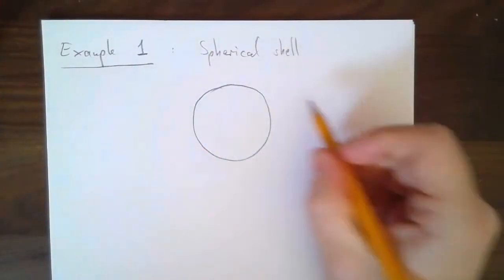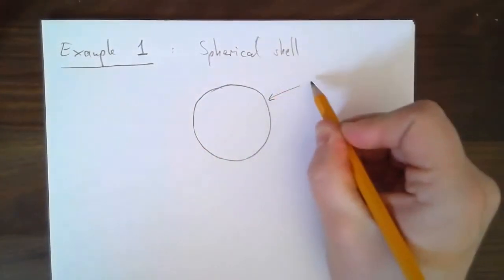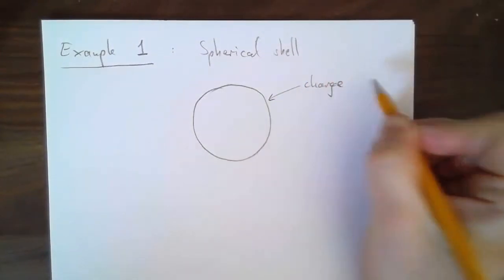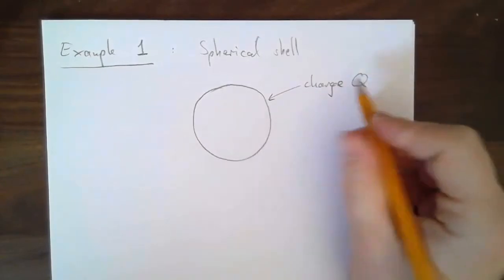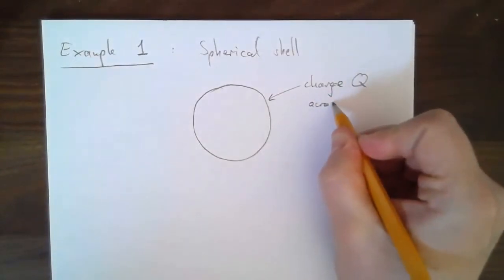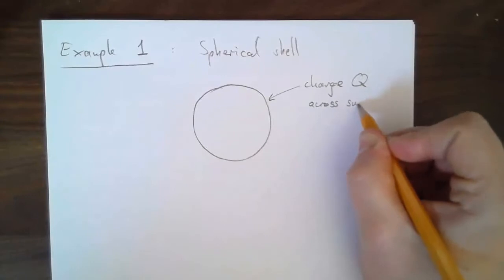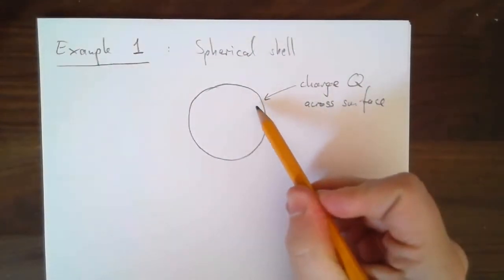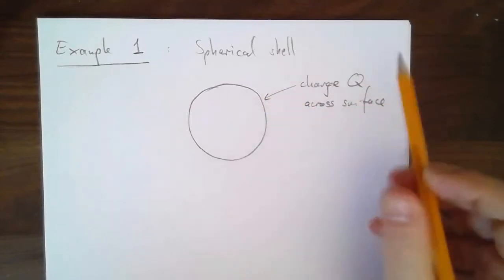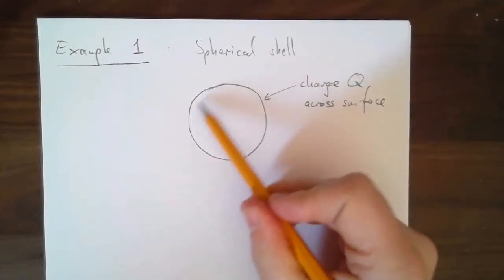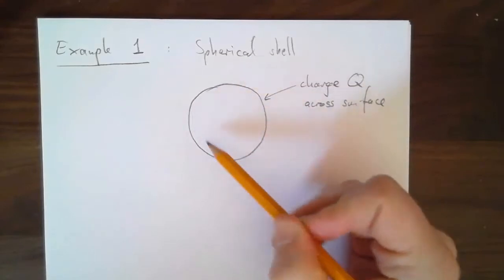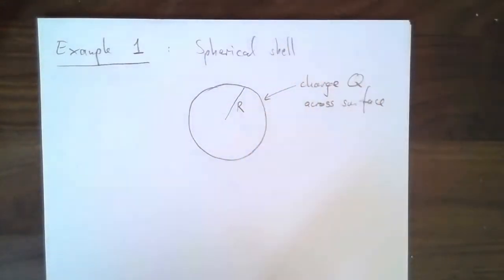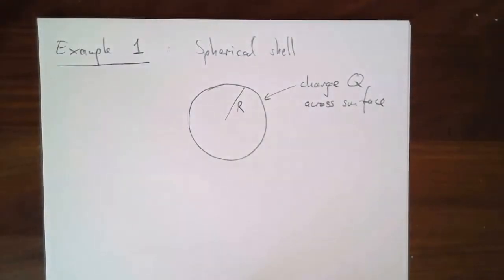And we're going to pretend all the charge is on the surface, equally spread out across the whole surface. So one thing you could calculate is how much charge there is per square millimeter. In that case, you just take Q and divide it by the total surface area of the sphere. If the sphere has a radius R, it's going to be 4 pi R squared.